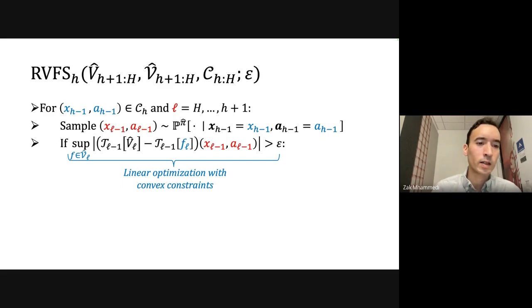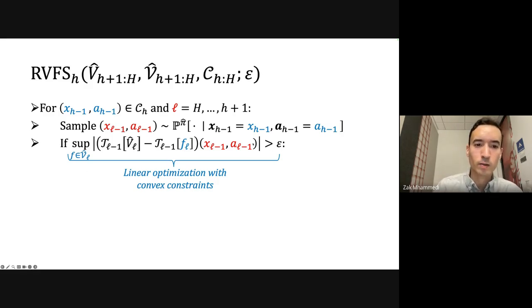You can see here that it's a supremum of an absolute value, but you can just solve two problems with plus and minus. That basically reduces to a linear program because the Bellman operator is linear in the function f. So if the objective is linear in f, and the confidence set is convex, this is just a convex program, a linear program over function space.